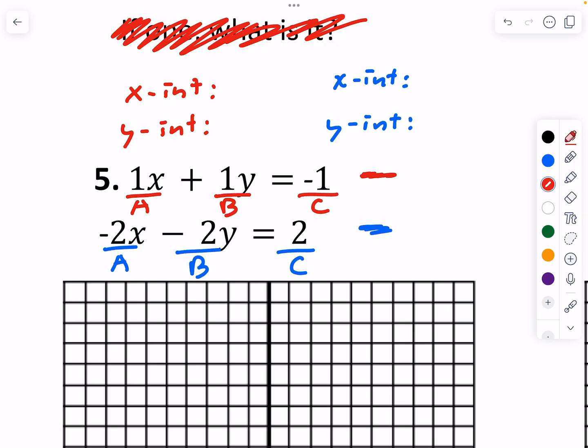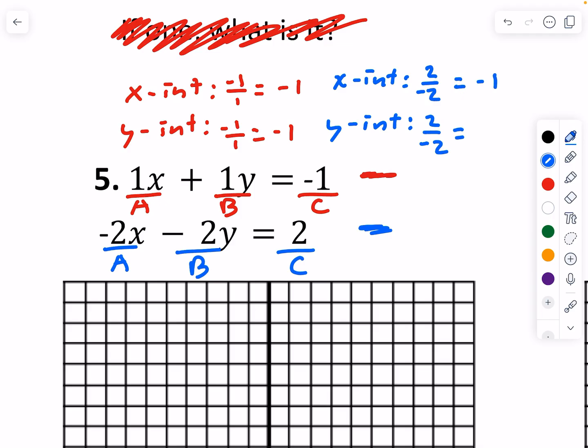Okay, if you did that correctly, you should have these. You should have -1 divided by 1 for both of these, and you should have 2 divided by -2 for both of these. Now, when you go to clean these up, you will have gotten the same number for all of these. And this is going to be a little confusing for some of you.